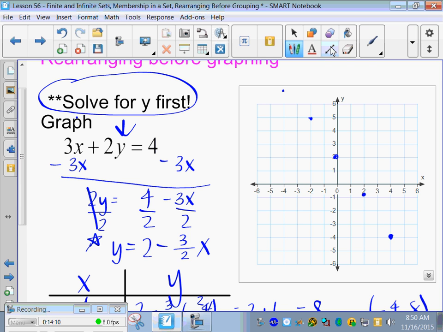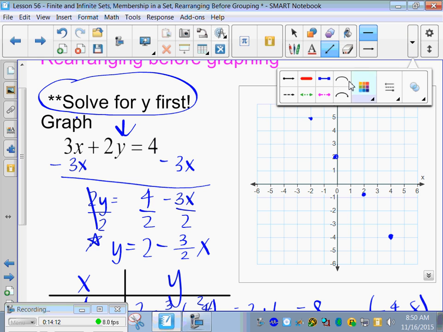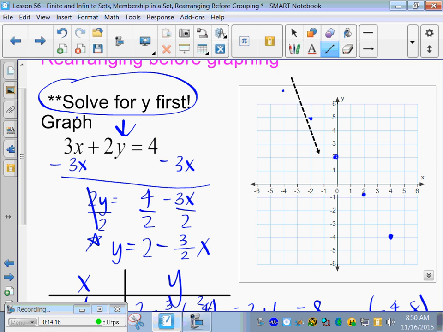All right, now I'm going to use a nice straight line, and I'm going to connect my points. That was not the very greatest connecting job I've ever done. Always put arrows on your lines, and then we're good to go.